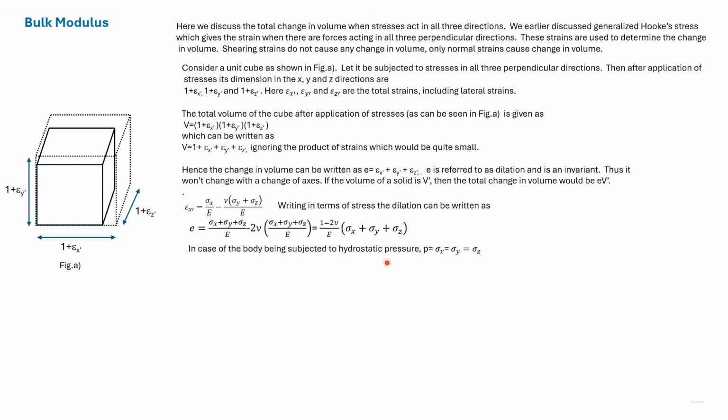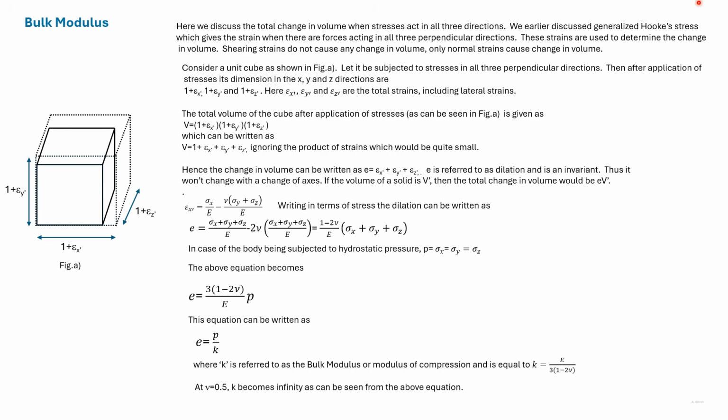Now in hydrostatic pressure, all three of these stresses are equal to P. Then this expression of E turns into this formula for hydrostatic pressure. We can write this formula as E is equal to P divided by K, where K is the bulk modulus, and the bulk modulus is given as E divided by 3 (1 minus 2 nu).